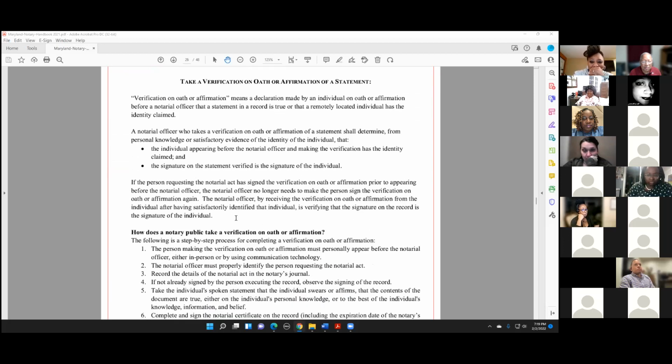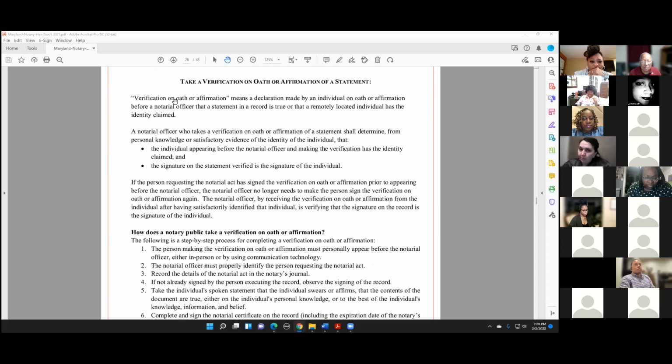Okay, so here we are looking at another type of notarization, taking a verification on oath or affirmation of a statement. This is another verbal declaration.